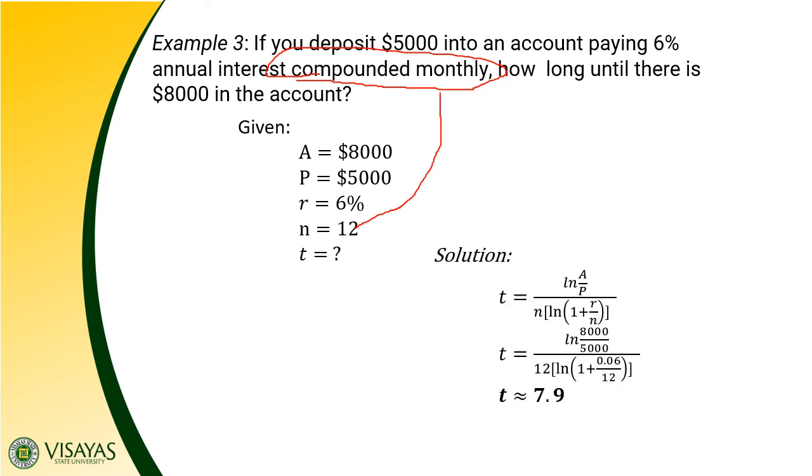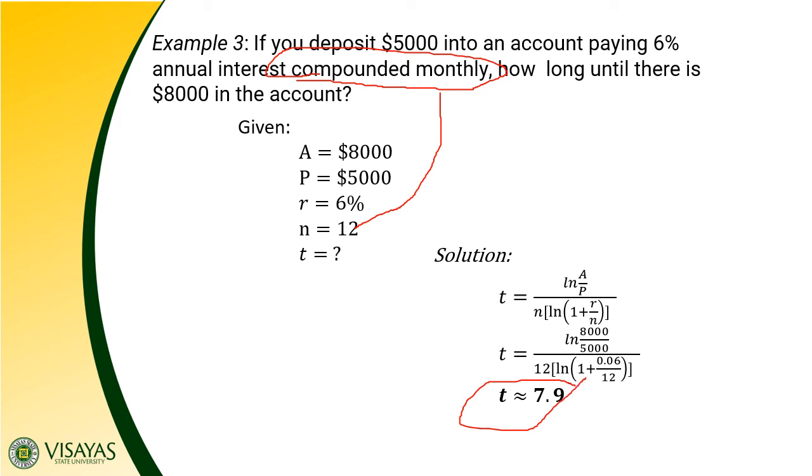Then let's use the formula for T. T is equal to the natural logarithm of A over P divided by N times the natural logarithm of 1 plus R over N. Then substitute the given. A is 8,000, P is 5,000, R is 0.06, and N is 12. Simplify, and that is 7.9.